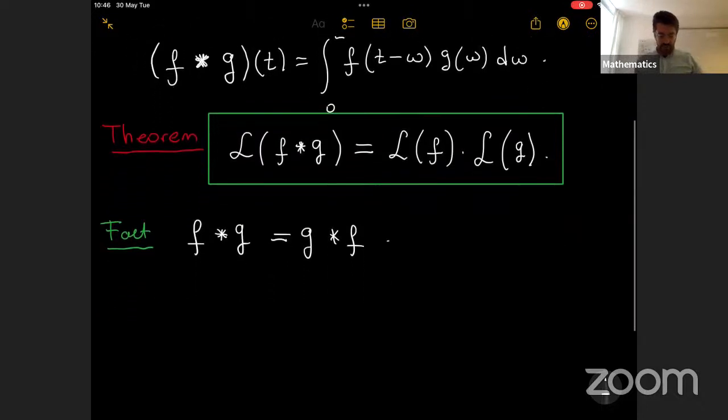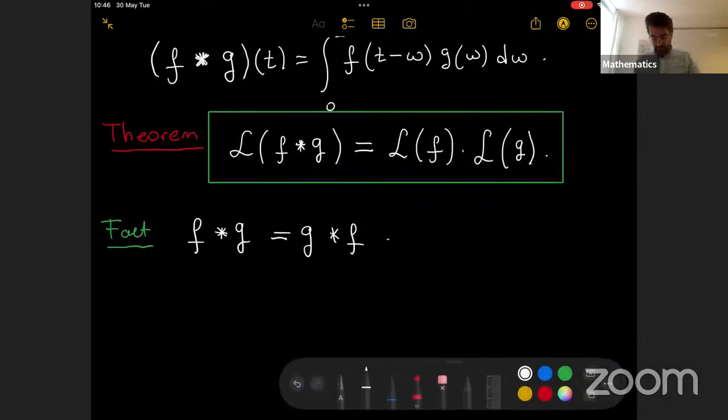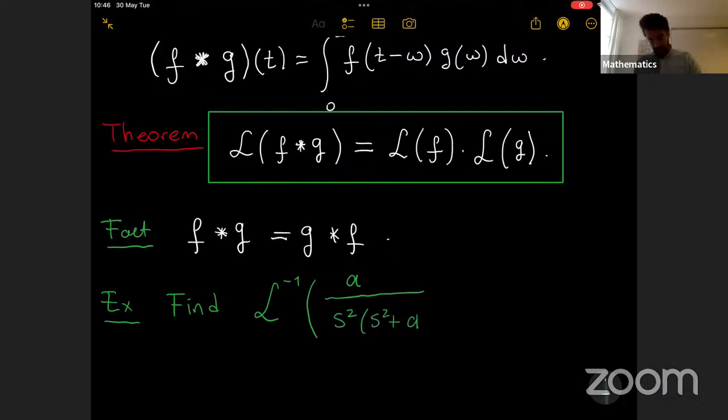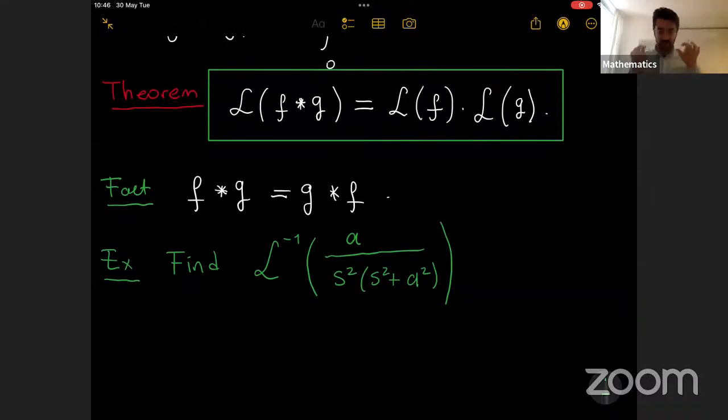Let's see how we use this theorem to compute the inverse Laplace. An example here. So let's find the inverse Laplace of a over s square times s square plus a square. Well, there are different ways you can do this. For instance, you can do the partial fraction decomposition and find the inverse Laplace of each factor.